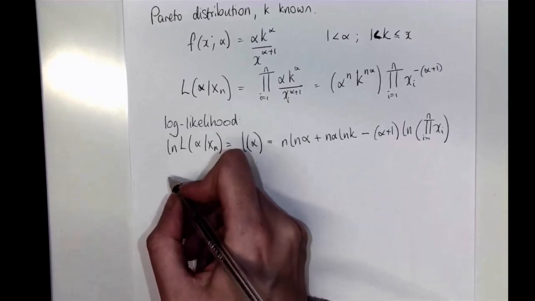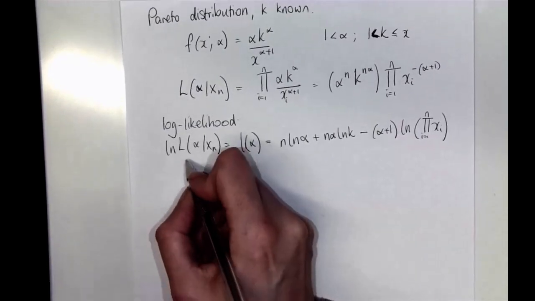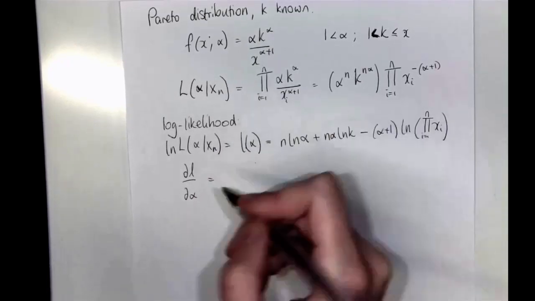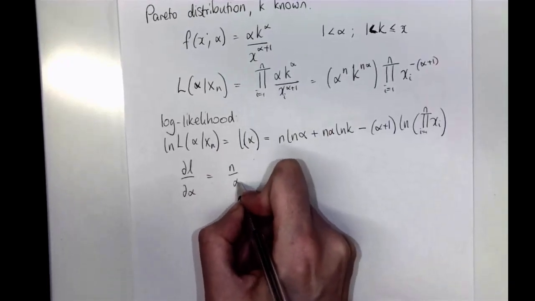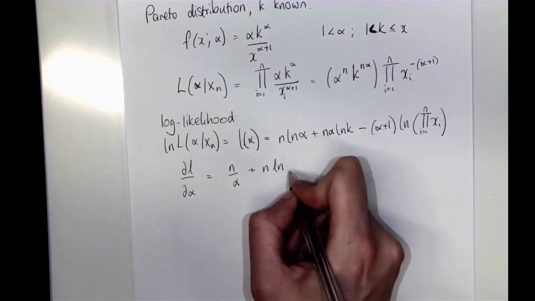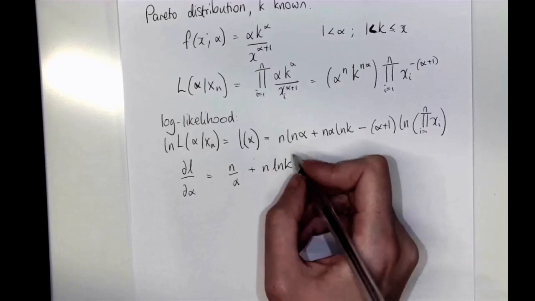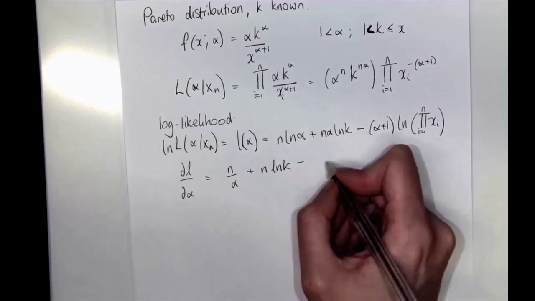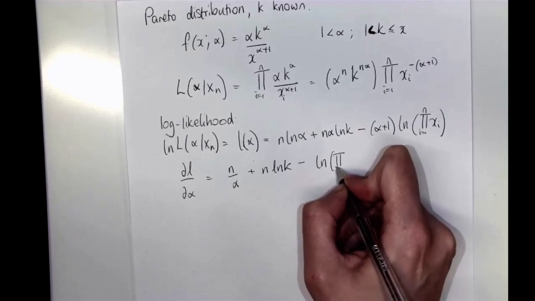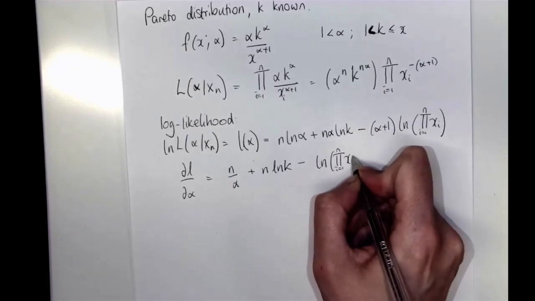Then we get our dl, we maximize it with respect to alpha. So that is n over alpha plus n, the natural log of k, and then minus the natural log of that product of i equals 1 to n xi.